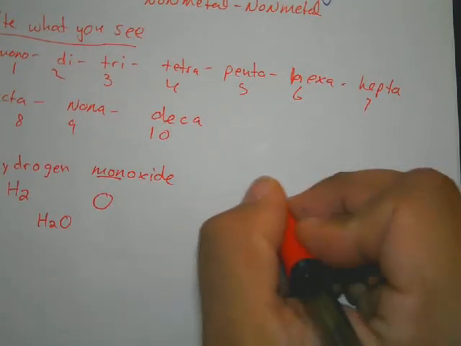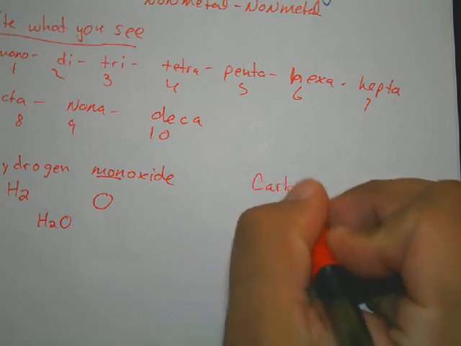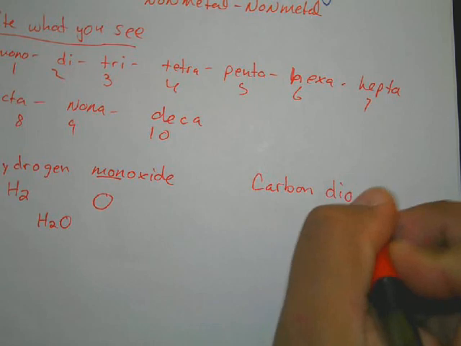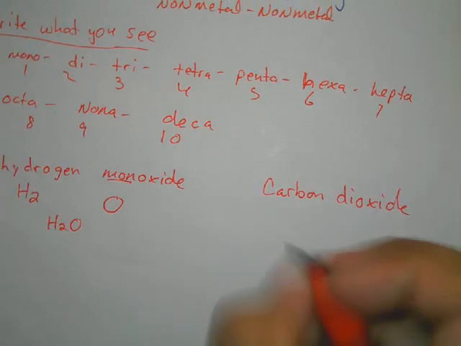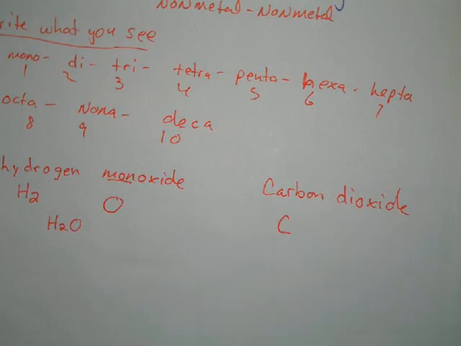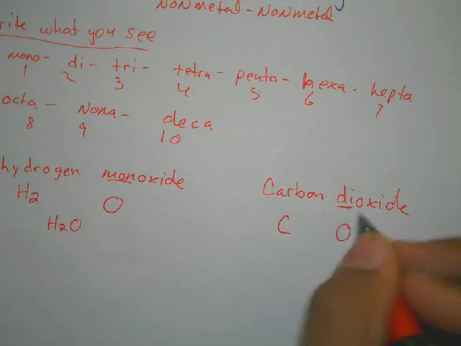Now, let's do another example. Let's say I had carbon dioxide. What is carbon? C. Do you see any prefix? No. So that means it's just 1. Now, dioxide, we have oxygen again, right? How many oxygens do you see here? Di.